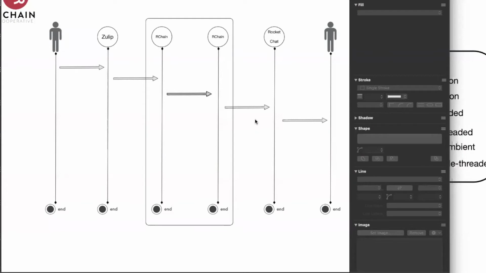So if you're going this direction, you have to pick apart the Zulip data and reassemble it in RChat style. And then going this direction, you have to pick apart the RChat data and reassemble it in Zulip style. Does that make sense?